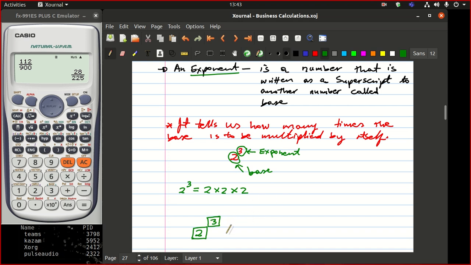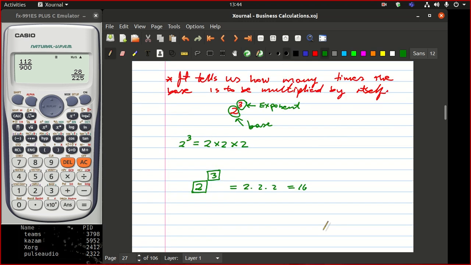If you are writing this, you know that it is the same as 2 times 2 times 2, we have 3 of these 2's. The exponent is telling us how many of these 2's. And then 2 times 2 is 4, 4 times 2 is 8. So I want us to talk about this power.